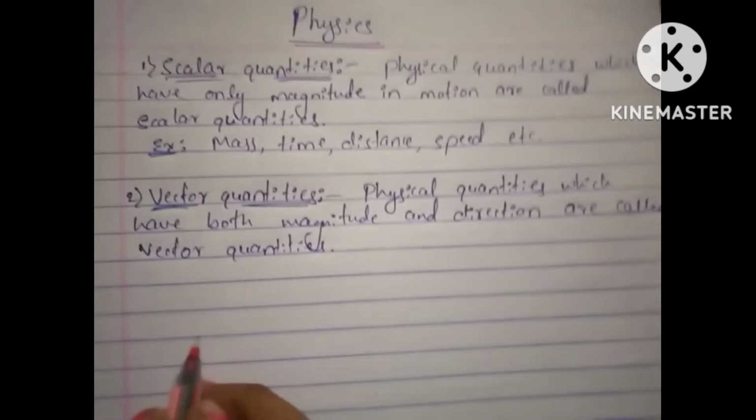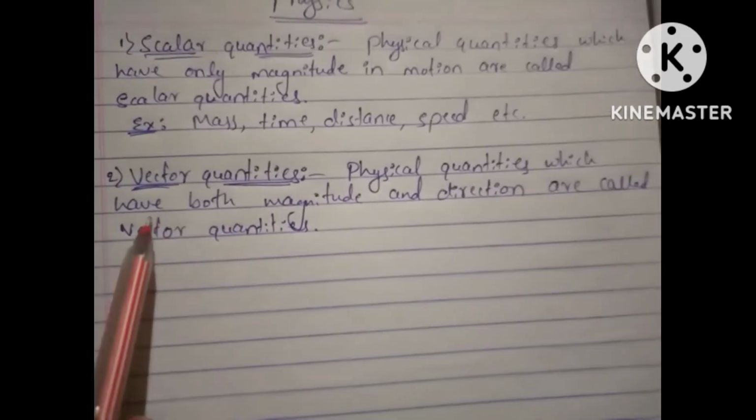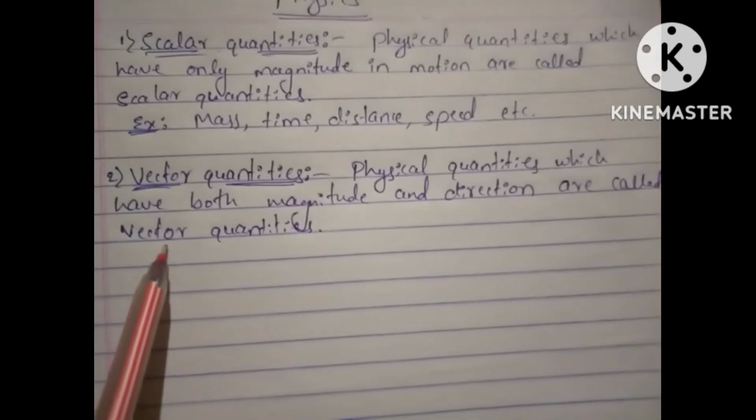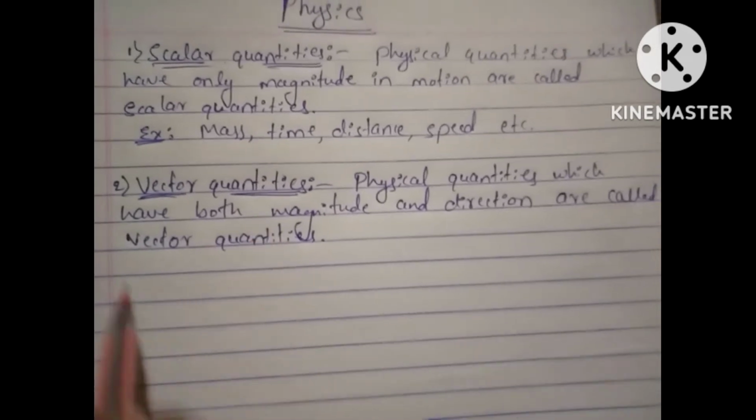The vector quantities are the physical quantities which have both magnitude and direction, that are called as vector quantities.